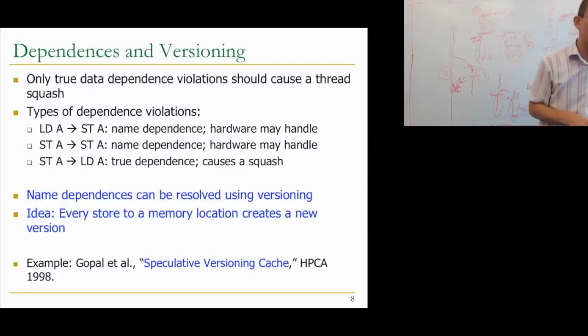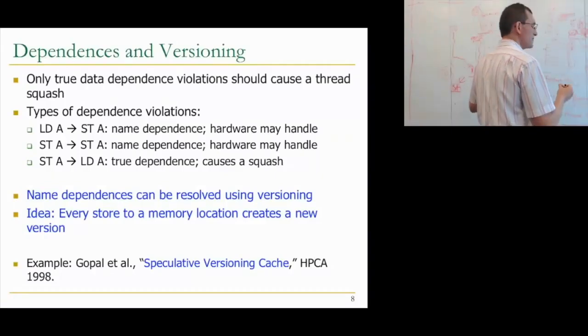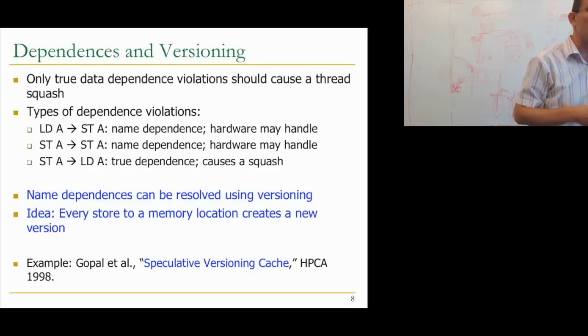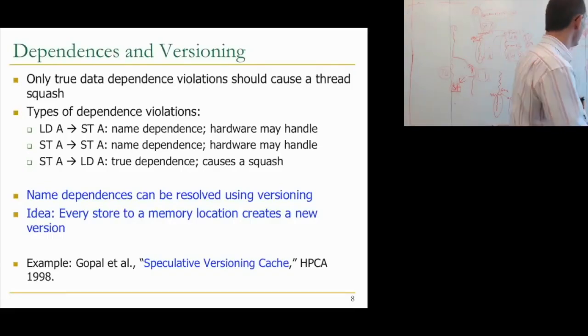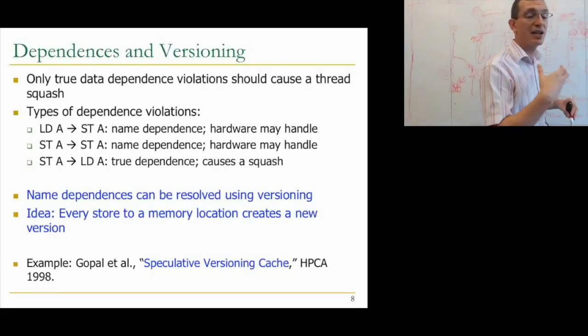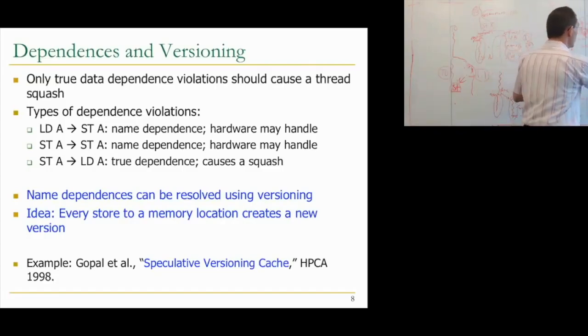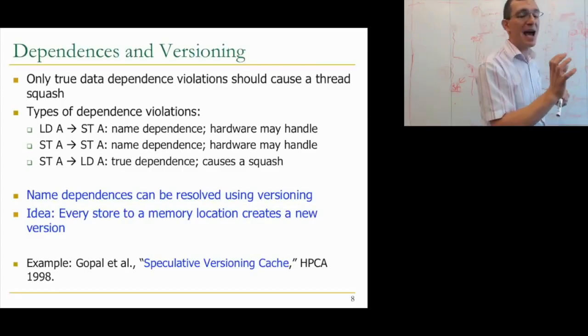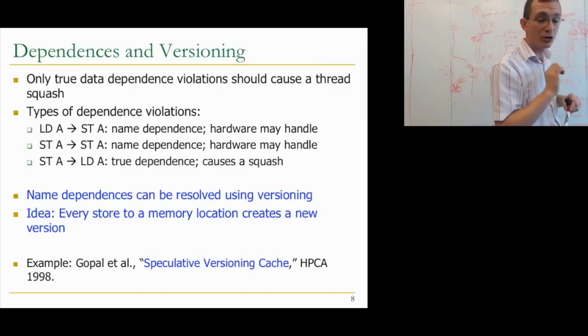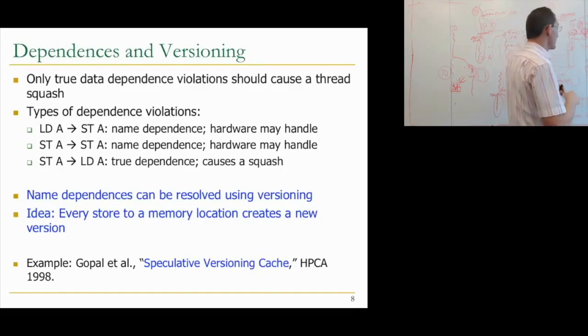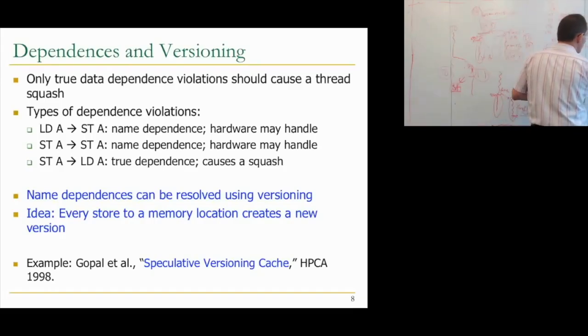So name dependencies, in general, the first two dependencies can be resolved using versioning, right? Basically, every store to a memory location can create a new version, as I just described earlier, because the store is really using that memory location as an address. It's really creating a new value, right? And once you have different versions, for example, whenever this store writes, it creates version 1, whereas this load is loading from version 0.